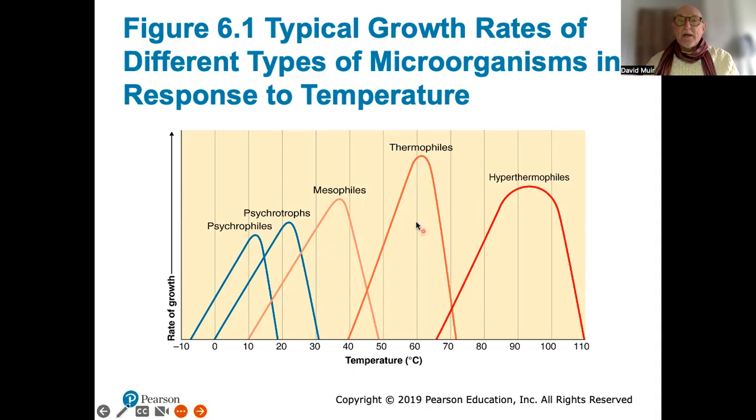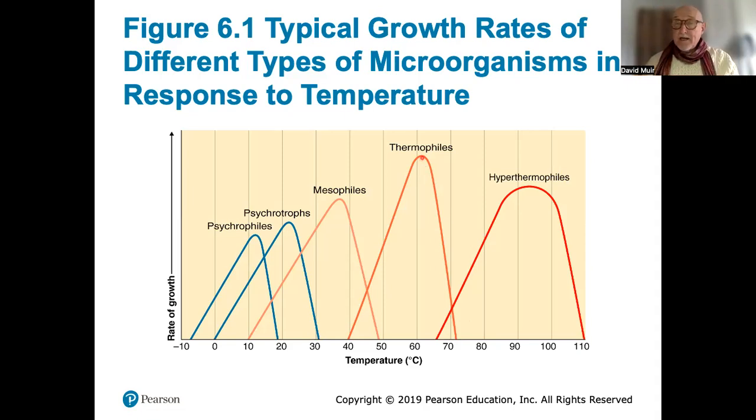They do have a minimum. Look at the growth will cease around here, about 40 degrees. And they do have a maximum. They are denatured around about 72, 73. So they do have lethal limits, but their optimum is very, very high. And these are organisms, for example, that you might find in naturally hot water, for instance, thermal springs, those sorts of things.